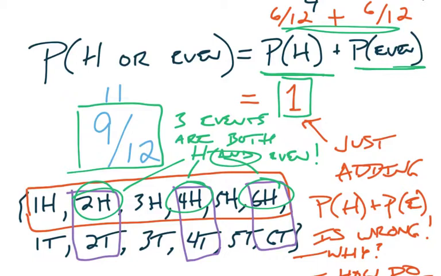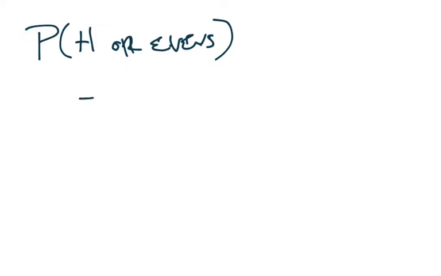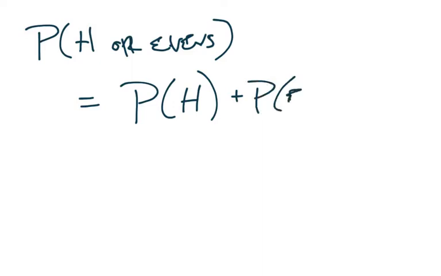Okay, so that's the why. There's the fact that there's an overlap there. And how do we fix it? Well, we now have an idea. The bad answer we got is off by 3/12 from the actual answer. So this is how we go about fixing it. If we look at the probability of heads or evens, well, our naive approach said do probability of heads plus probability of evens, and this gave us the wrong answer. But it was wrong by this much.